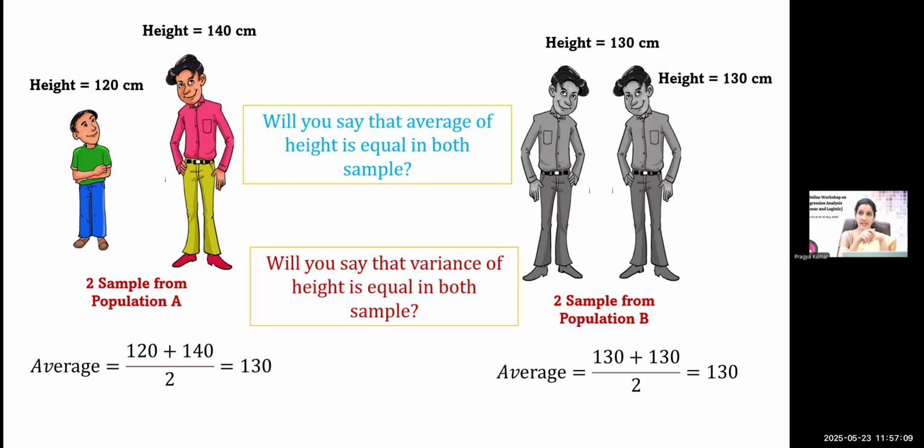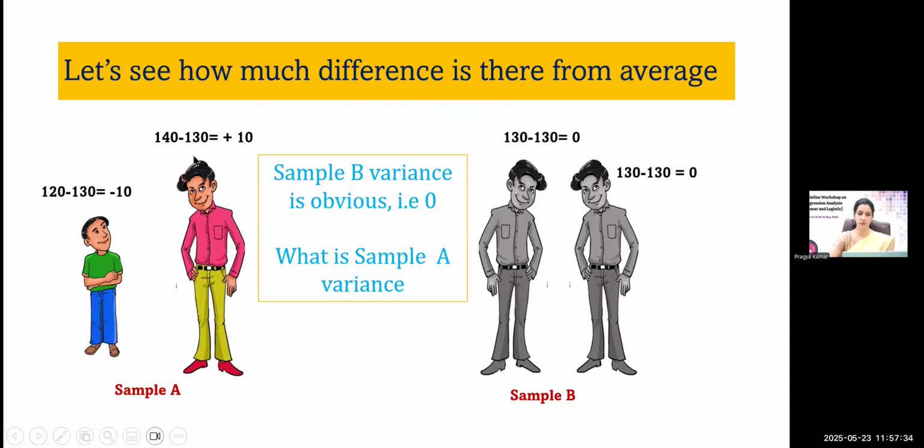But can I say that the variance of the height is equal in both groups? In the first case it is 120 and 140, in the second case it is 130 and 130. In the second case there is no variance because both persons have the same height, so there is no variation. But in the first case, although the mean is the same, there is a variation. So the sample variance in the second case will be 0.